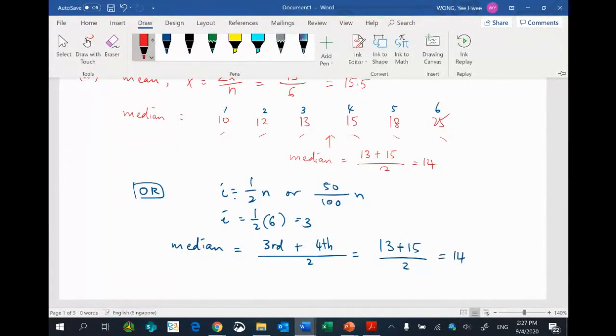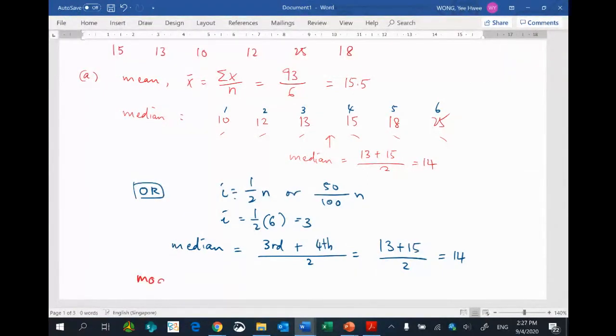The next one for part A will be the mode. What is the mode? We look at the numbers 10, 12, 13, 15, 18, 25. All numbers only appear once, so there is no mode. In mathematics, you have a tendency of writing 0 when there is none.